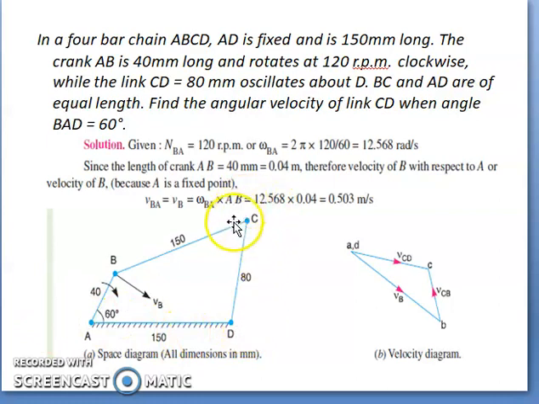Now coming back to the point C. If you consider the link BC, the point C is going to rotate with respect to the point B. And if you are considering DC, again the point C is going to rotate with respect to D. So the velocity of C with respect to B will be perpendicular to the link BC.